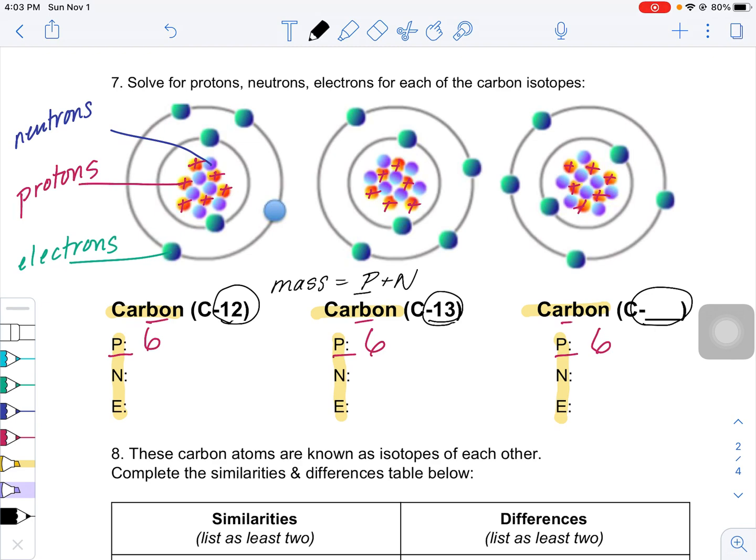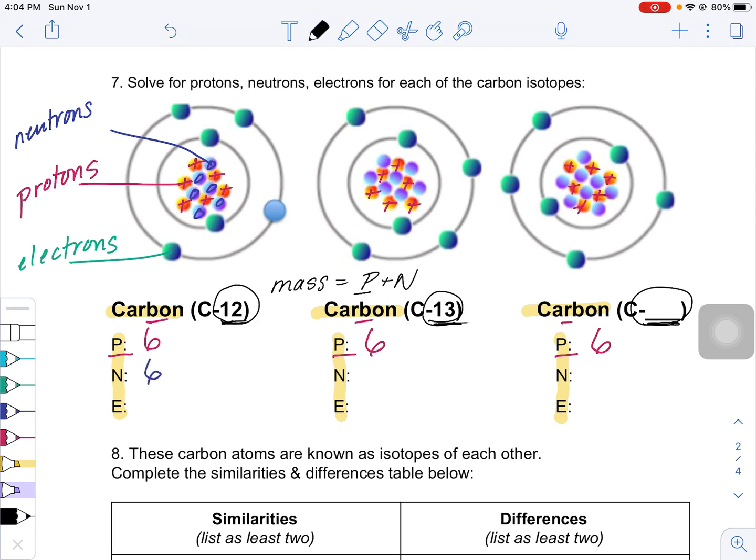So if we have 6 protons every single time with a varied mass number, I know my number of neutrons is going to be changing. And I can simply count it, or I can do a calculation, right? Let's do a little bit of both. So the first one here, let's count our neutrons. Neutron, of course, being a 0 charge, so I have 1, 2, 3, 4, 5, 6 neutrons.